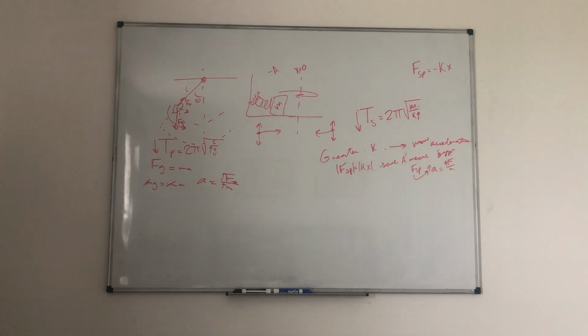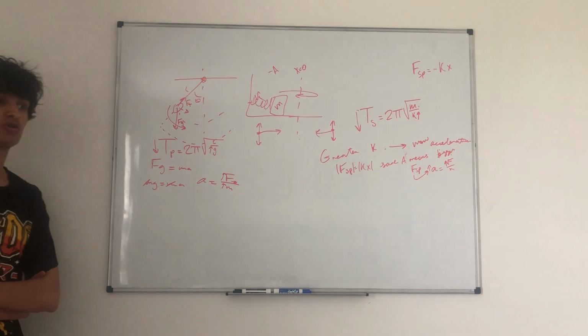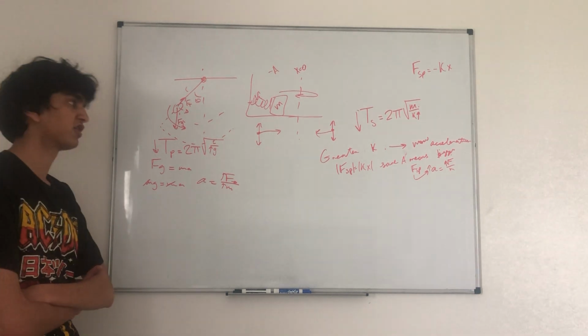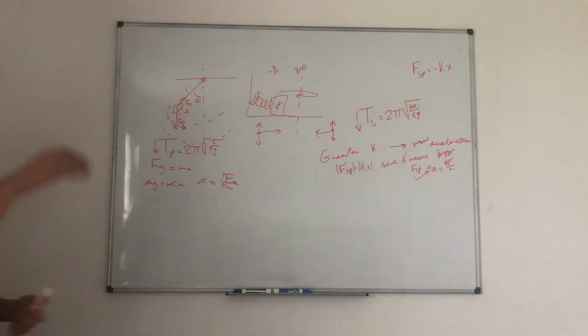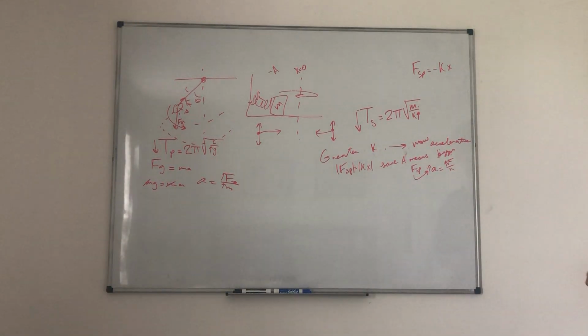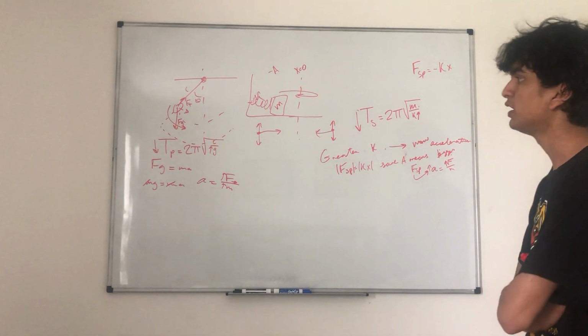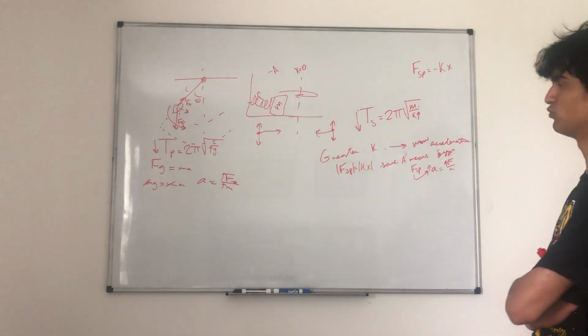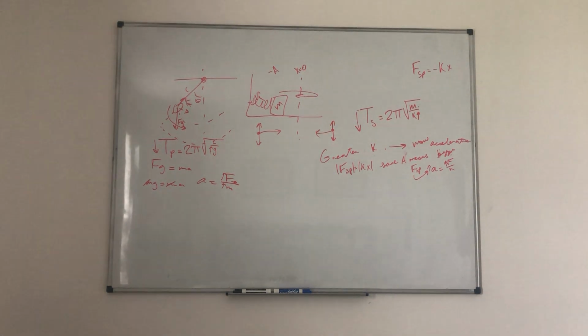Now, the truth is, a pendulum is not always an actual simple harmonic oscillator. What does that mean? As I talked about before, something that moves in simple harmonic motion needs a linear restoring force, or at least a linear restoring torque, where doubling the amplitude doubles the torque or force.